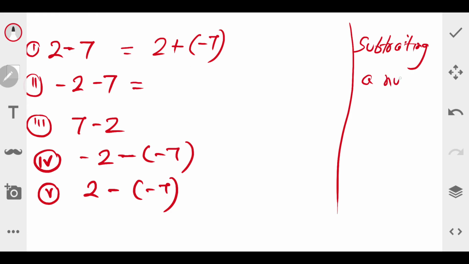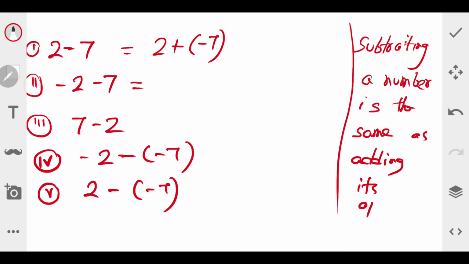Subtracting a number is the same as adding its opposite.